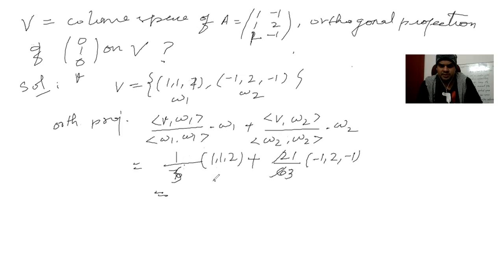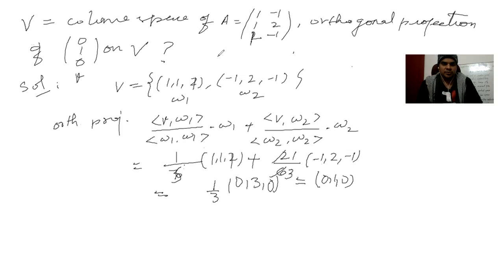So 1 by 3 is taken as common, and we'll add these two vectors here. We get 0, 3, 0 and if we find out the product, we'll get 0, 1, 0. So 0, 1, 0 will be the projection onto this column space.